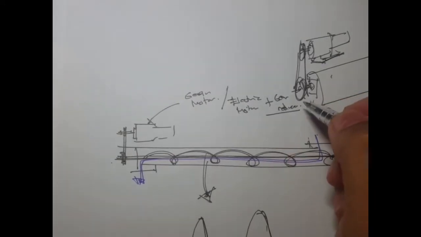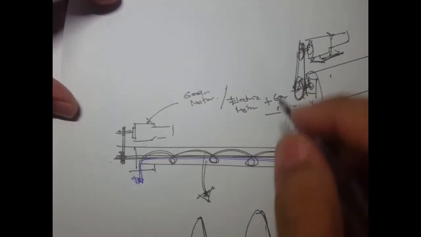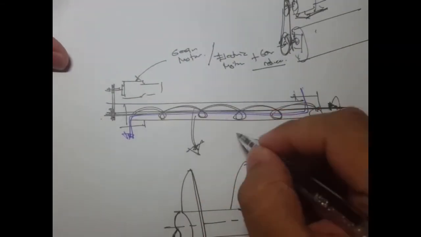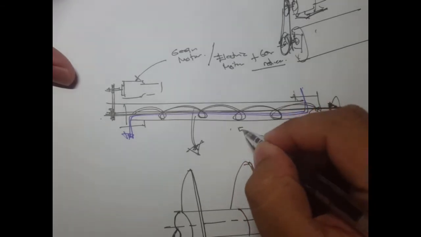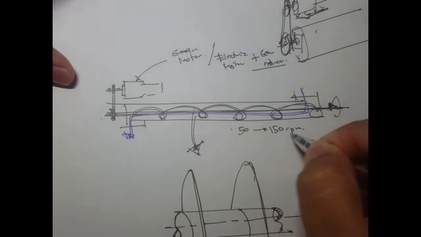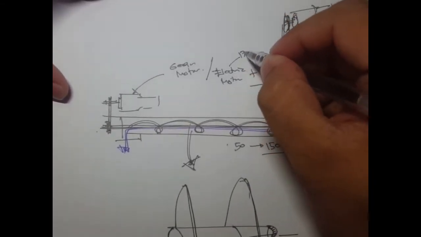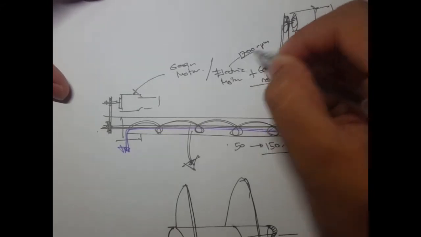Okay, so the main idea is this screw conveyor rotates at around, let's say, 50 to 150 RPM, and our electric motor rotates at around 1700 RPM.